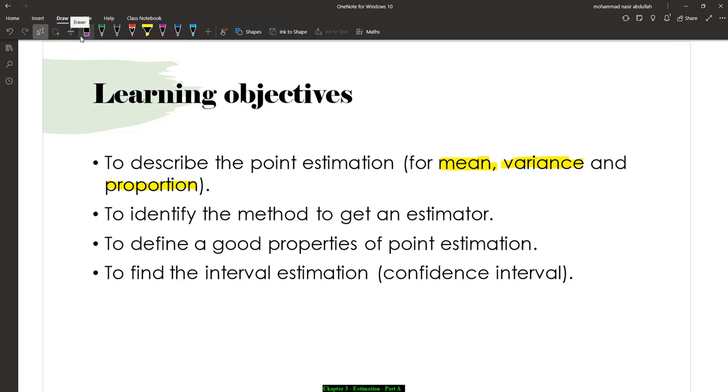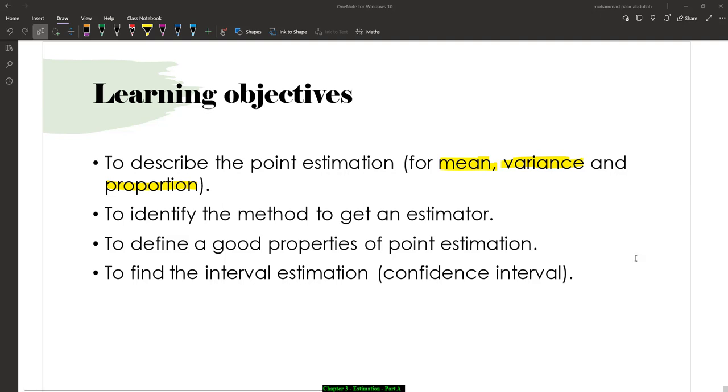We also want to identify the methods to get an estimator. There are a lot of methods, which are the method of moments and the method of maximum likelihood estimator.